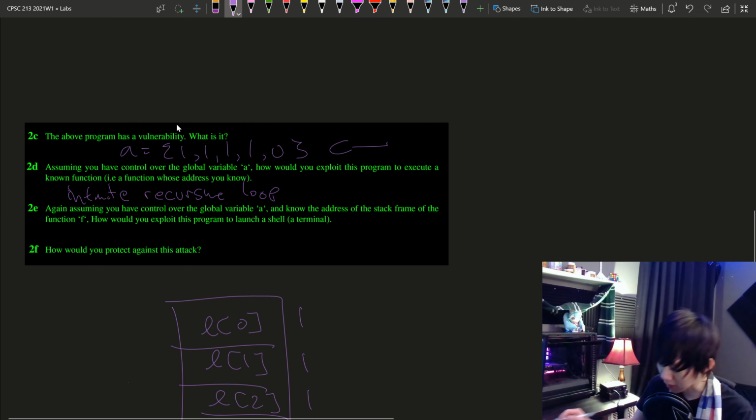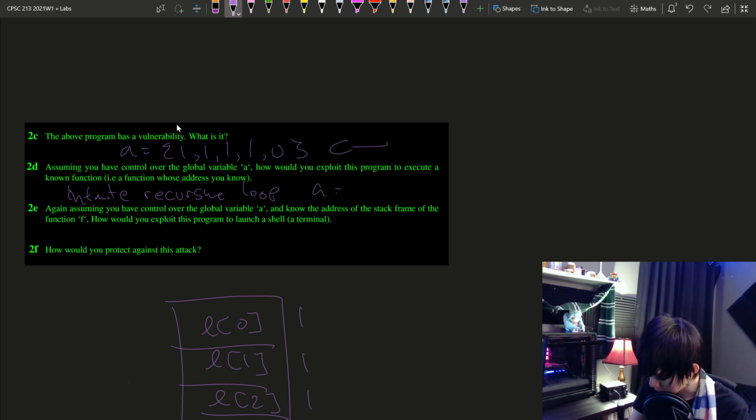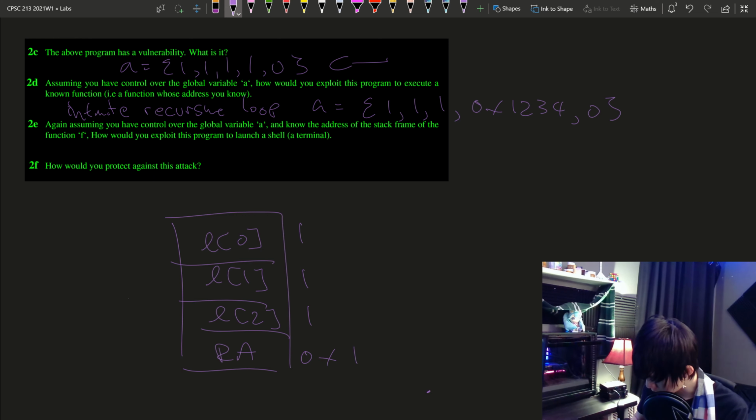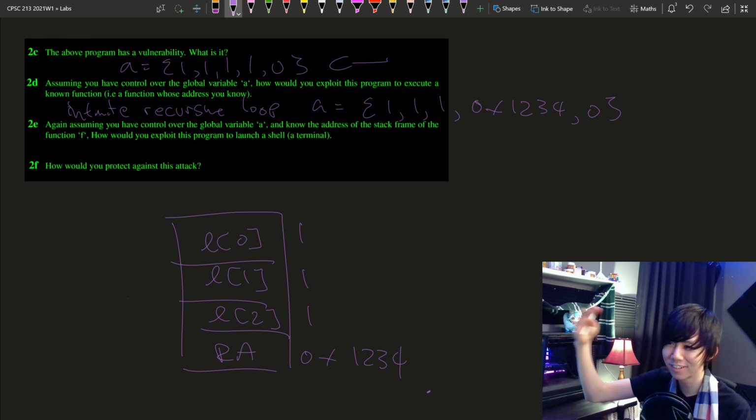So what would the contents of our array be? We have some non-zero values, then the address of foo, 0x1234, and then we need a 0 to make it stop. This will put the 1 there, and then 0x1234. So this will keep jumping back to foo. We've turned this into an infinite recursive loop.